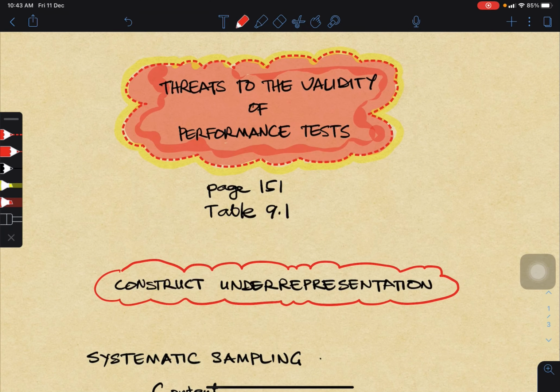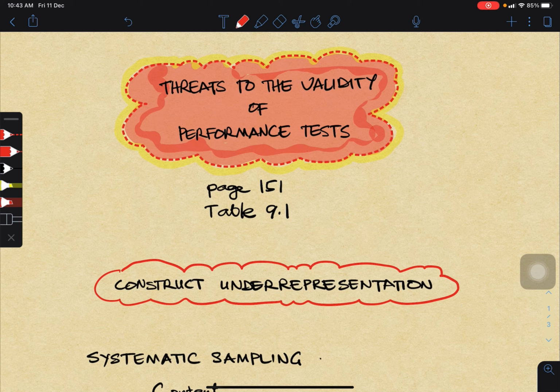Continue with the last discussion, which is the threats to validity. As usual, we will discuss threats to the validity for all kinds of assessment methods, right? So similar here, we will discuss the threats to the validity of performance tests.